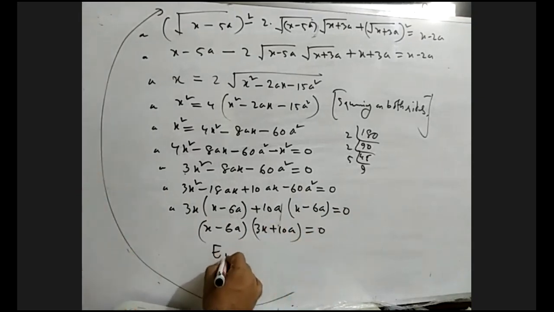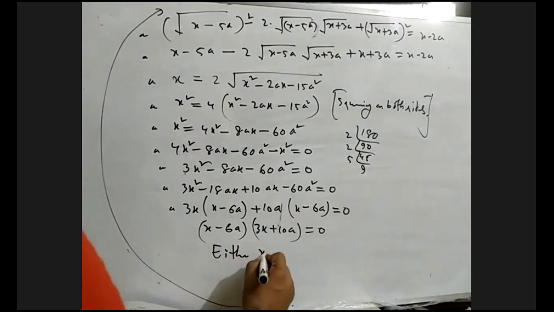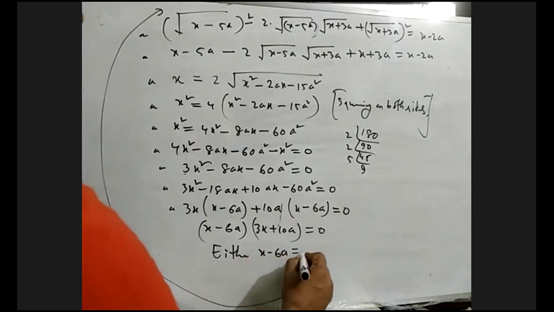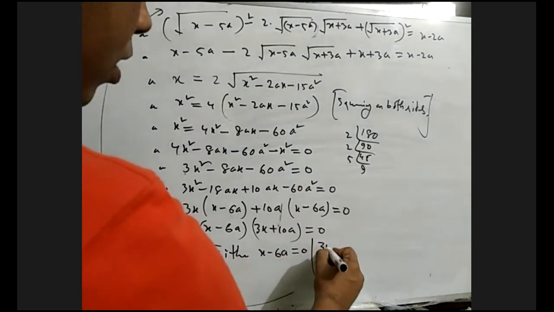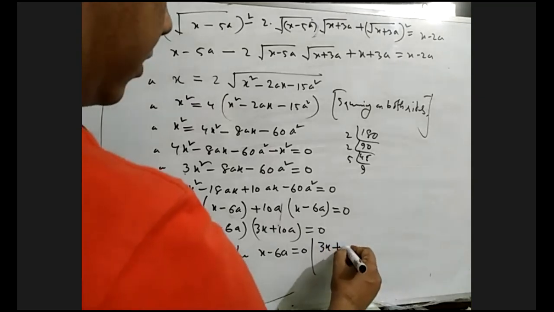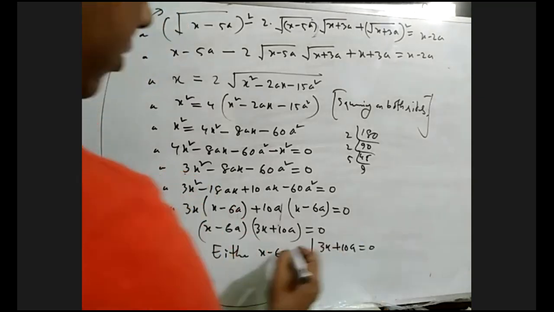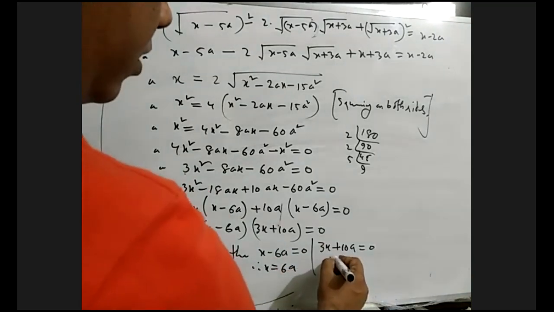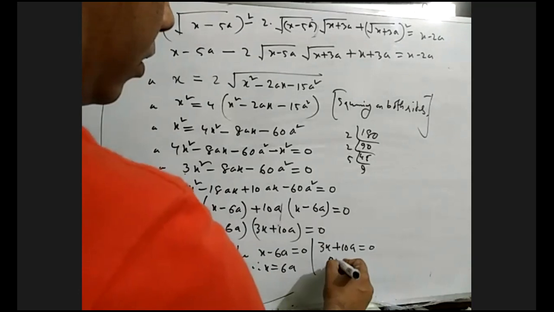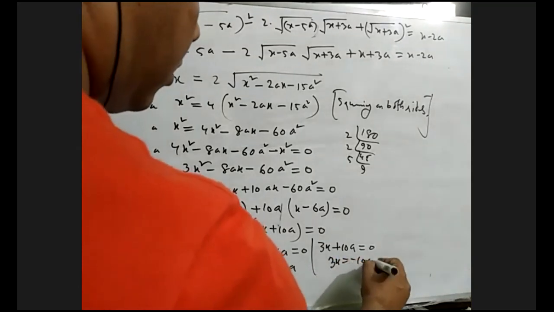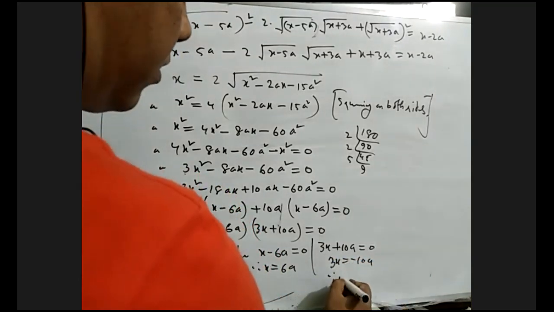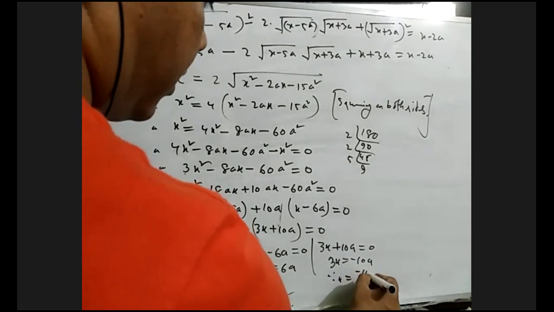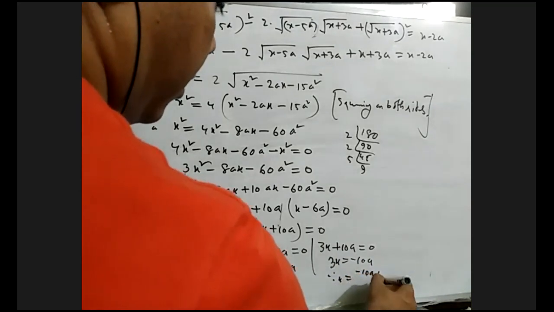For this part, either x minus 6a equals to 0 or thrice x plus 10a equals to 0. So therefore x equals to 6a, and for this part x equals to minus 10a divided by 3.